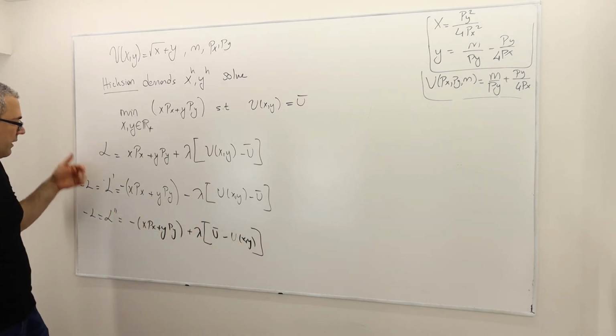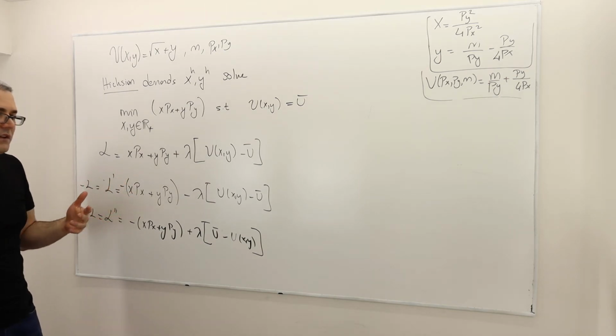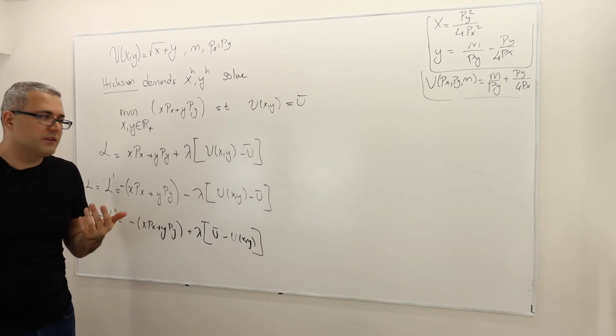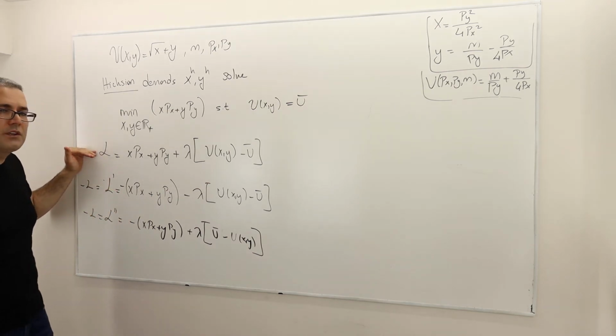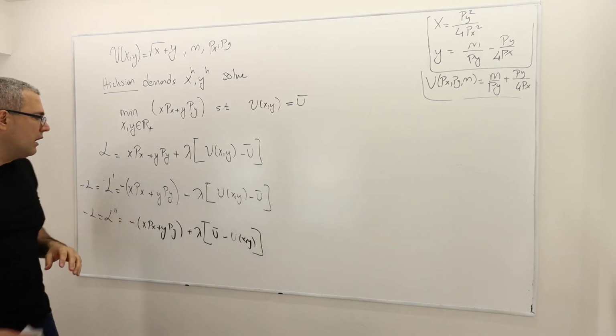So whether you maximize this or this makes no difference, partly because we are looking only at the first order conditions, and the first order conditions for these Lagrangians will be the same.